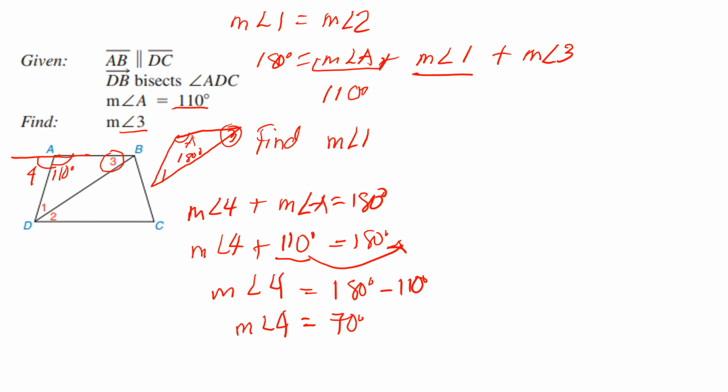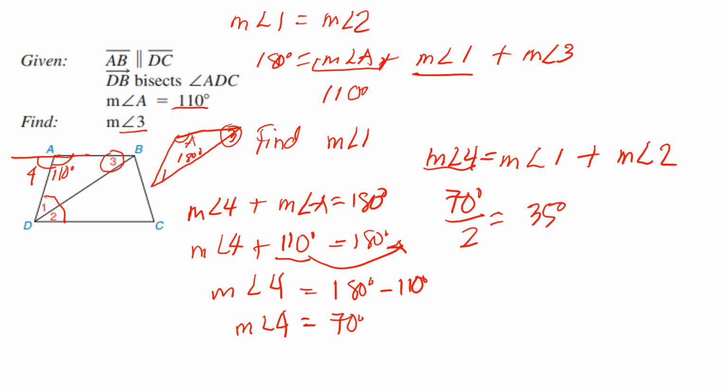From here, notice that this angle 4 is an alternate interior angle of this whole angle. So measurements of angle 4 is equal to the measurements of angle 1 plus the measurements of angle 2 because of alternate interior angles. And we are aware of the value of this, which is equal to 70 degrees. We divide this by 2 and that gives us 35 degrees.